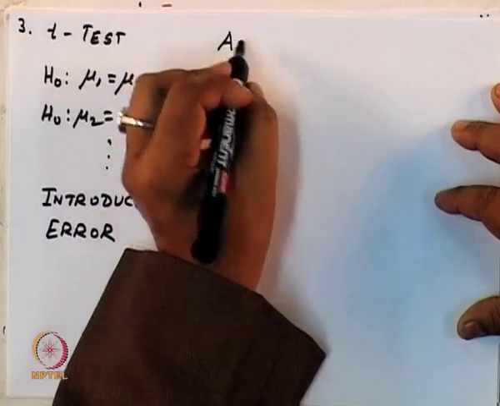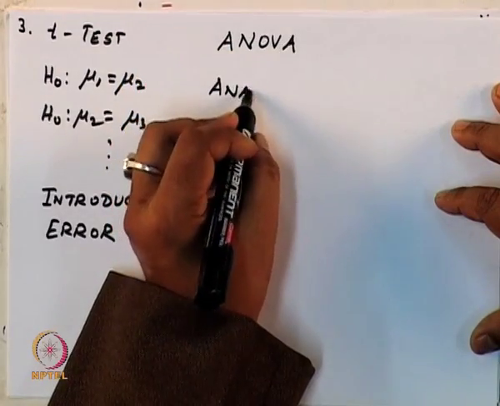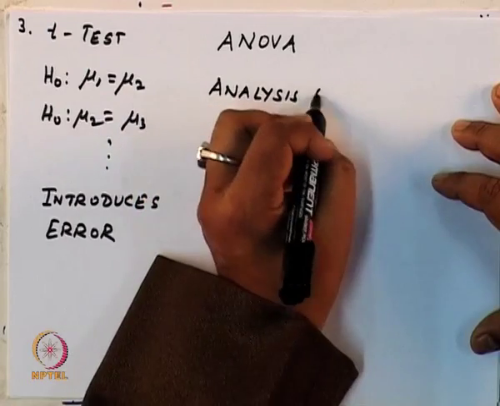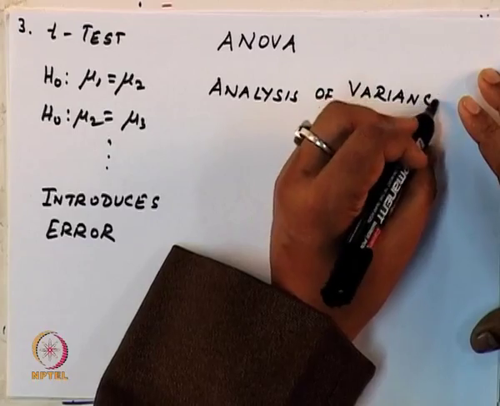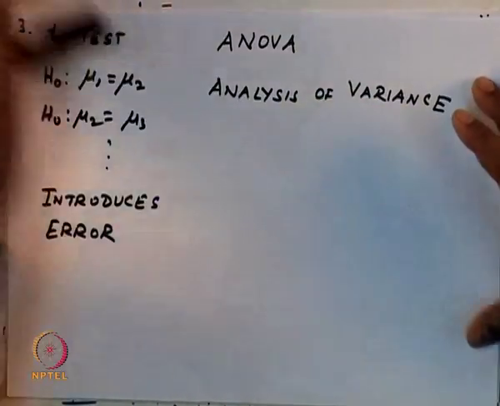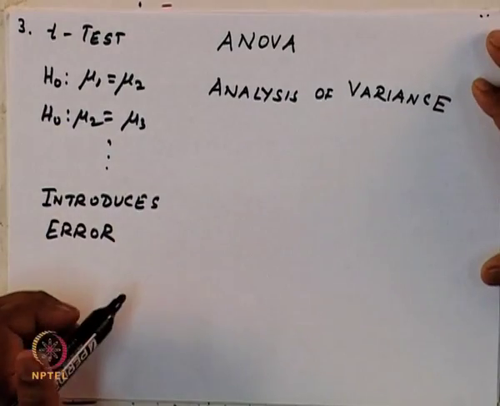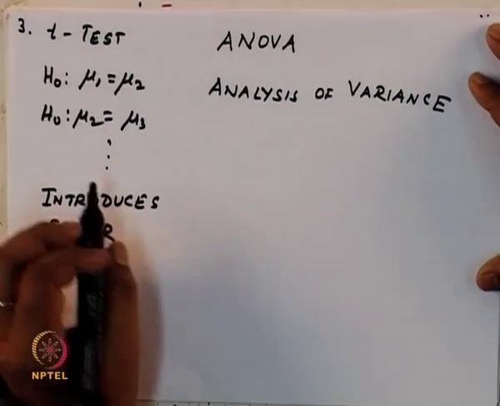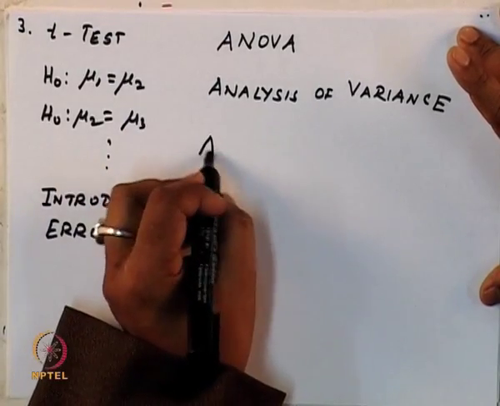So, ANOVA, short for analysis of variance, allows you to answer this question, are the k population means same or not, in a single test. So, what do you exactly do in ANOVA, and what are the assumptions?